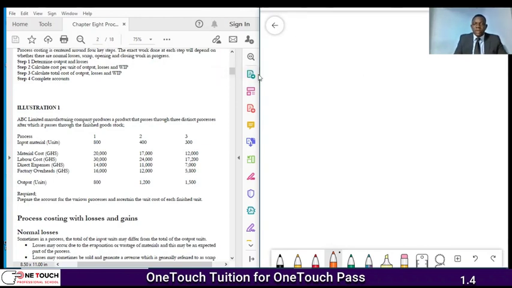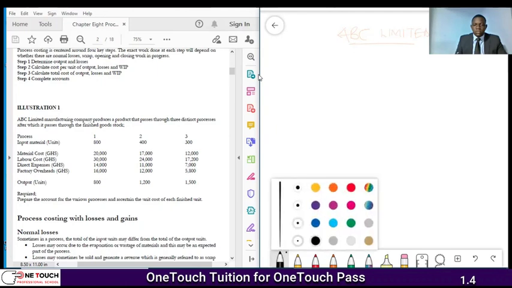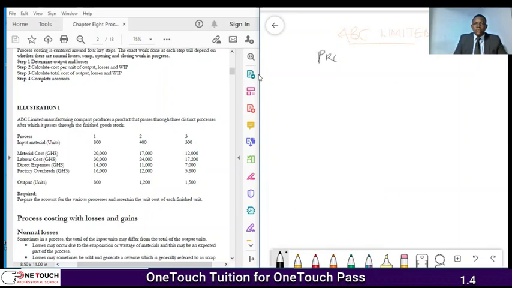We start with ABC Limited. So I have process 1 account.